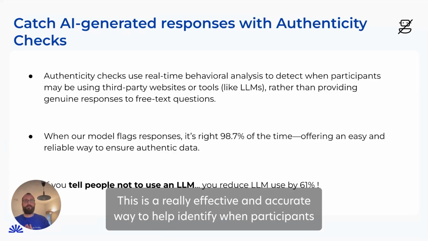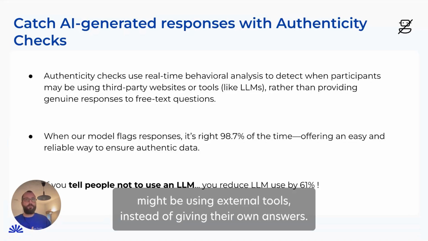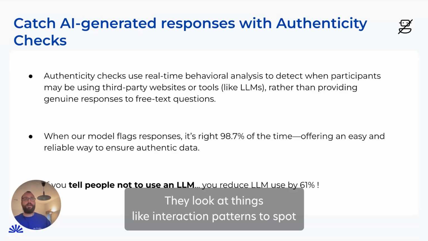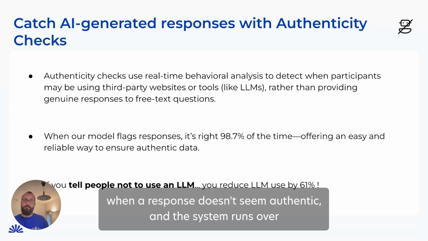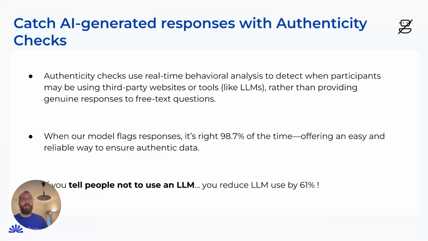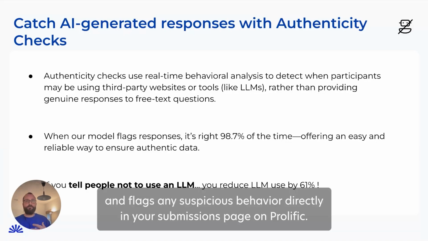This is a really effective and accurate way to help identify when participants might be using external tools instead of giving their own answers. So these checks use real-time behavioral signals. They look at things like interaction patterns to spot when a response doesn't seem authentic. And the system runs over 15 checks while a participant is answering survey questions and flags any suspicious behavior directly in your submissions page on Prolific.